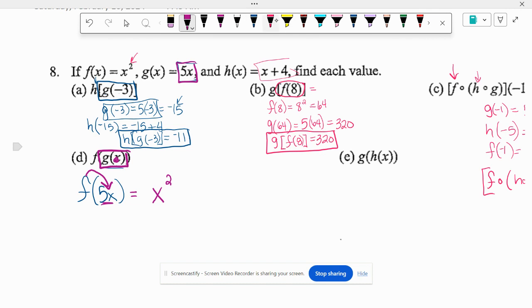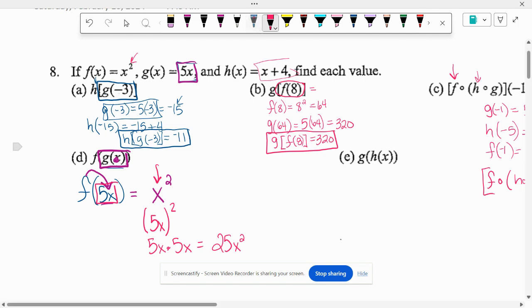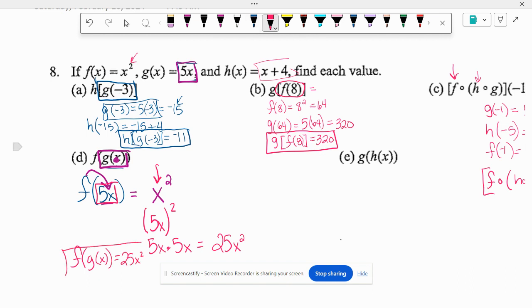What I'm doing is replacing the x with 5x. So I want you to see what that looks like: 5x, and then I'm going to square that. That means 5x times 5x, and 5 times 5 is 25, and x times x is x squared. So f of g of x is 25x squared, because it didn't give us a value to put in on that one, so that one's a little tricky.